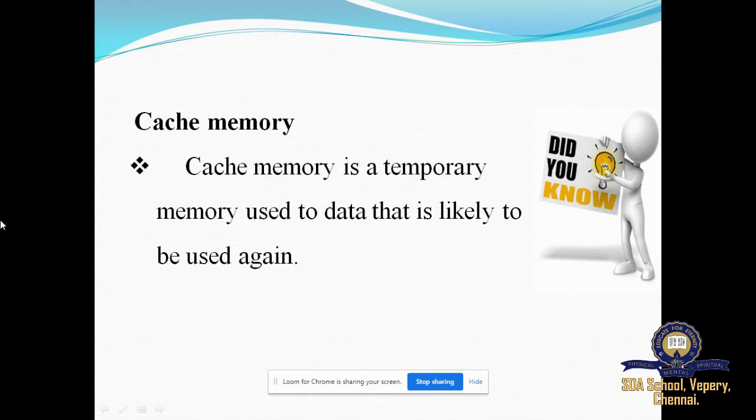Cache memory is a temporary memory used to store data that is likely to be used again. It is located between the main memory and the CPU, the central processing unit.